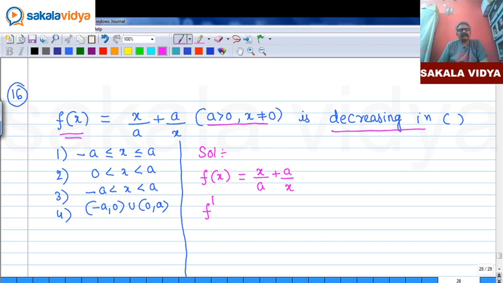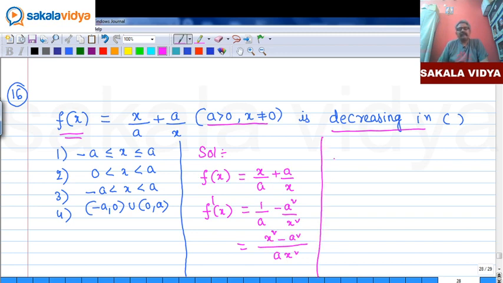Find f dash x. The differentiation of x by a is 1 by a, and of a by x is minus a by x square. Here a is positive, already given, so we get x square minus a square by a x square.